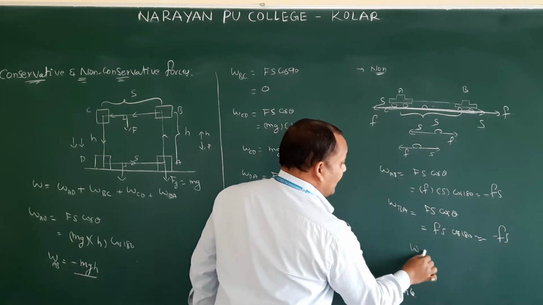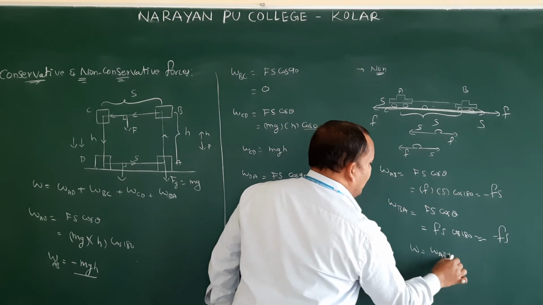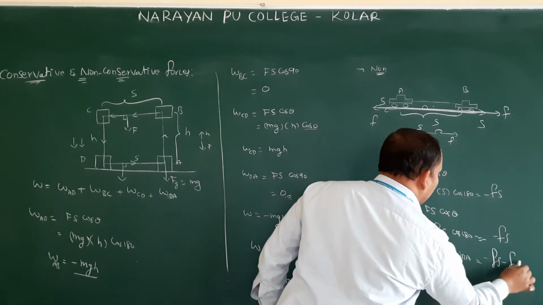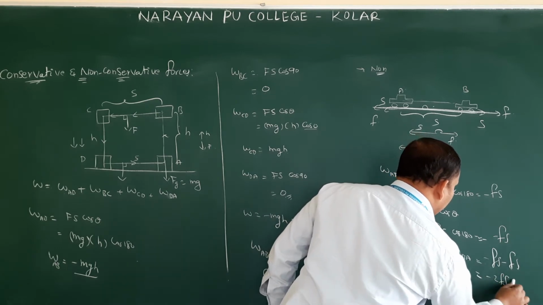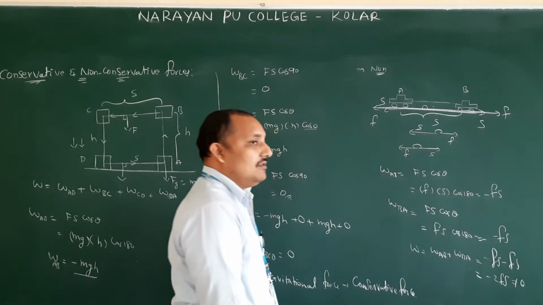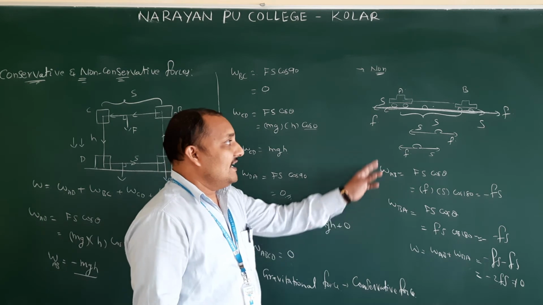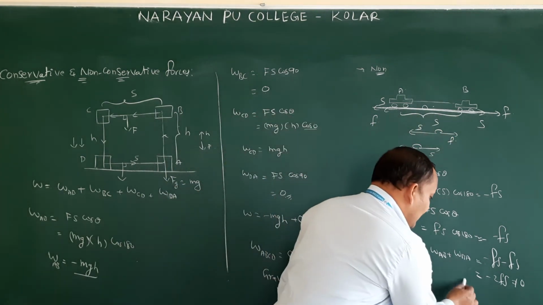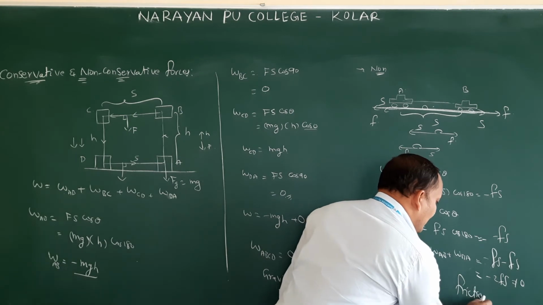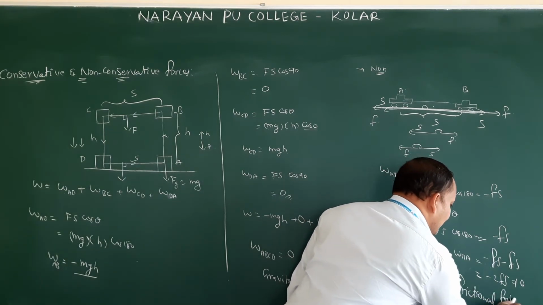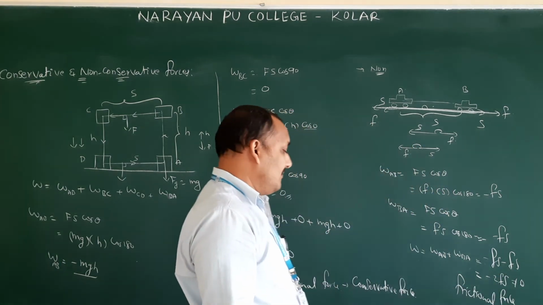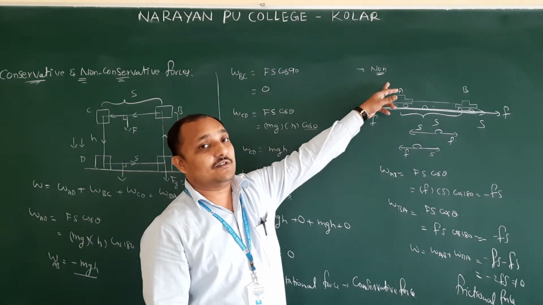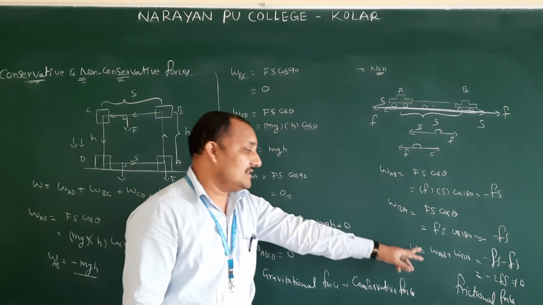Then total work done, WAB plus WBA, is minus Fs minus Fs, which is minus 2Fs. That is not equal to 0. Therefore, in a closed path, the work done by frictional force is not equal to 0. Therefore, frictional force comes under which force? Non-conservative force.